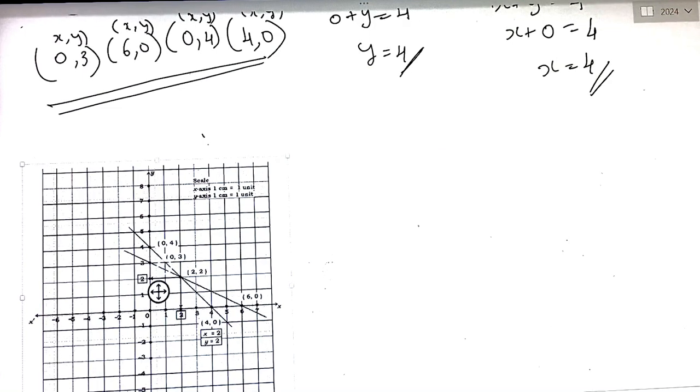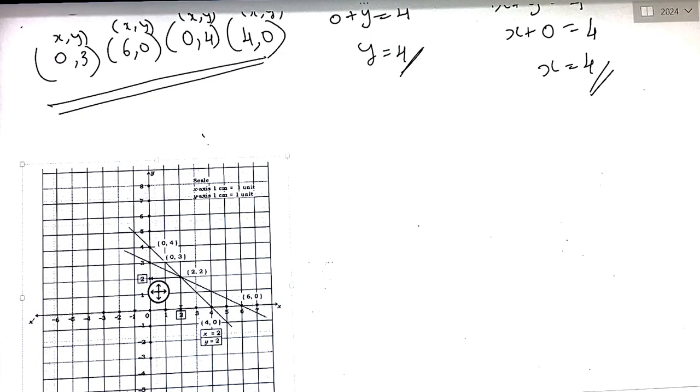So we have marked here, this is 0 on the x-axis, and on the y-axis the value should be 3. I have marked 1 point here. Next is 6, 0. The x-axis value is 6 and the y-axis value is 0. That means this itself is a point.